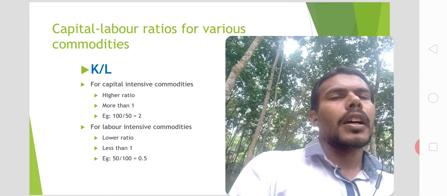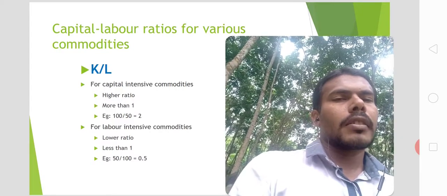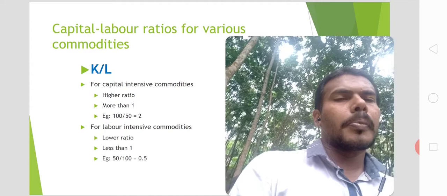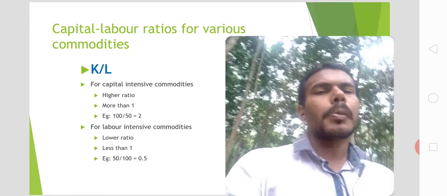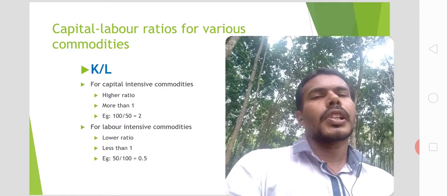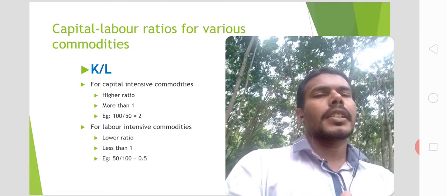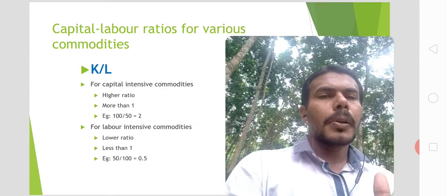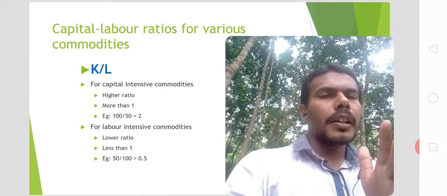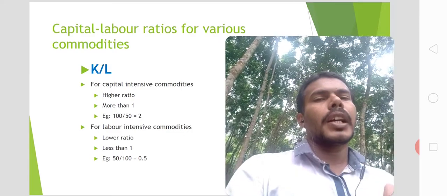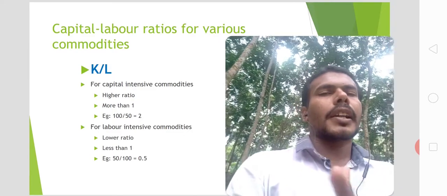For example, the cotton farm sector. In the cotton farm sector, the capital labor ratio will be less than 1 in most cases. Or we can say that the capital labor ratio for a country like India will be lower than 1, as we have labor surplus and capital shortage.